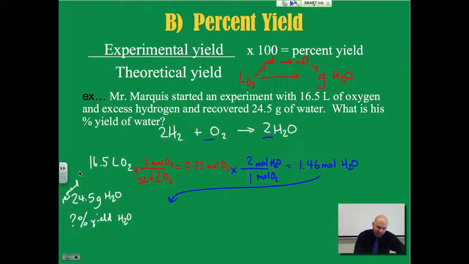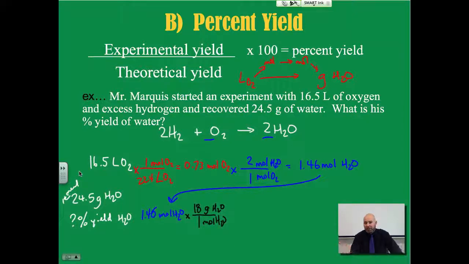I'll bring that down here: 1.46 moles of H2O. Let me grab a different color just for emphasis. It's another step: moles of H2O to grams of H2O, 1 and 18.